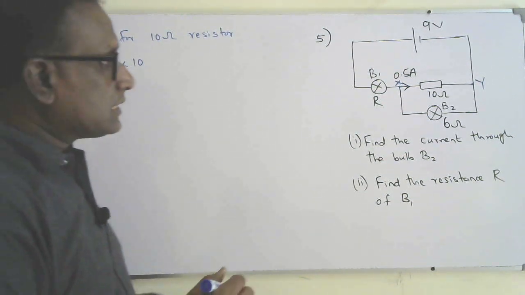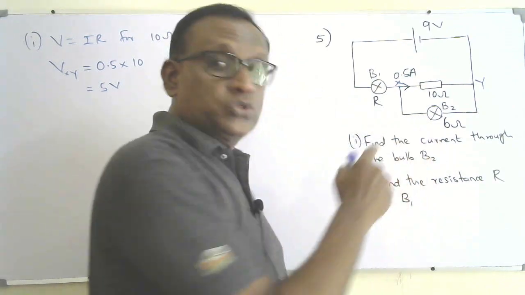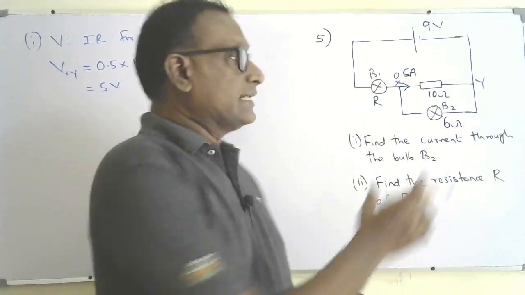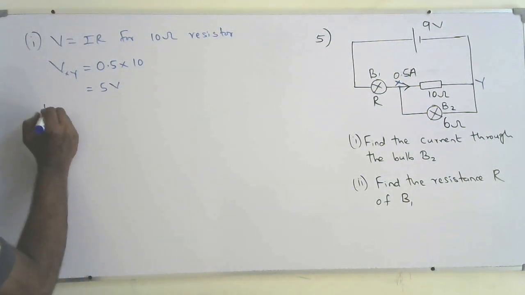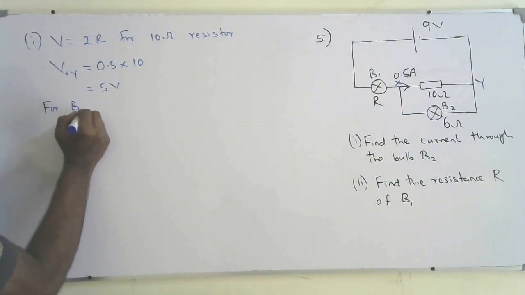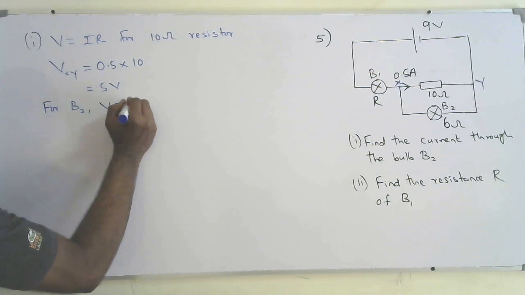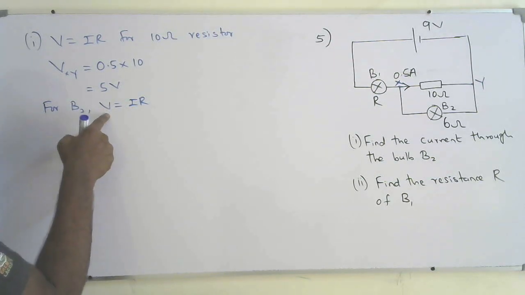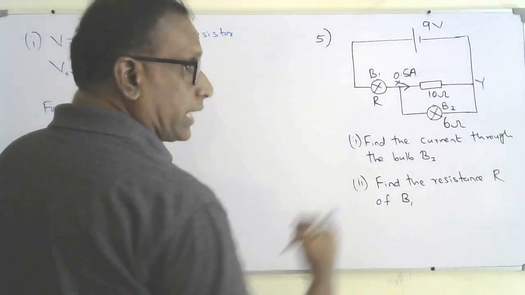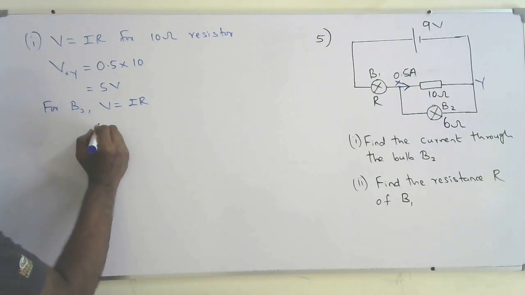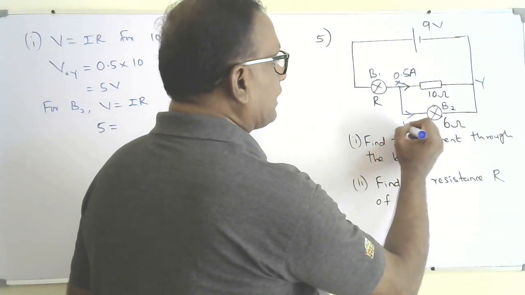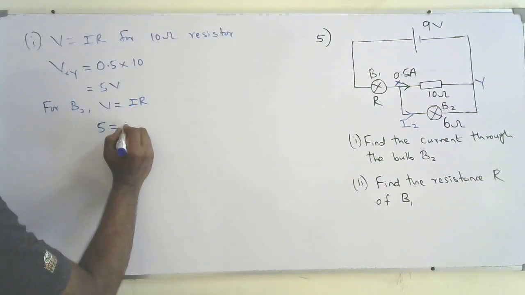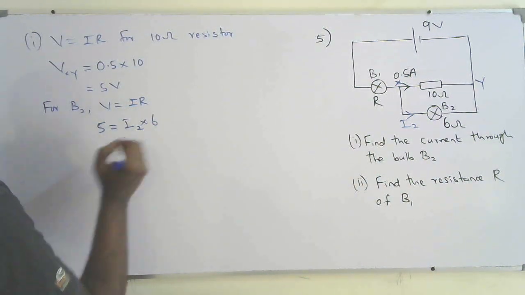Now for B2, V equal IR: 5 is equal to I2 into 6.